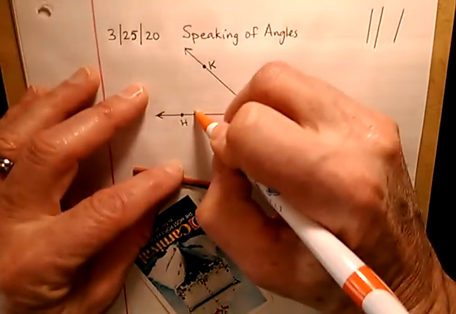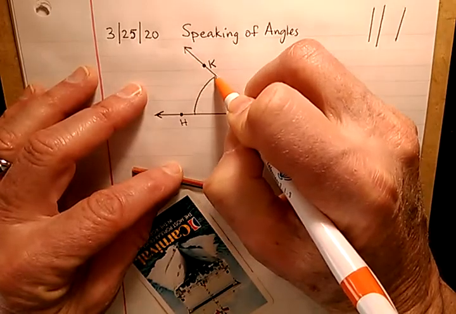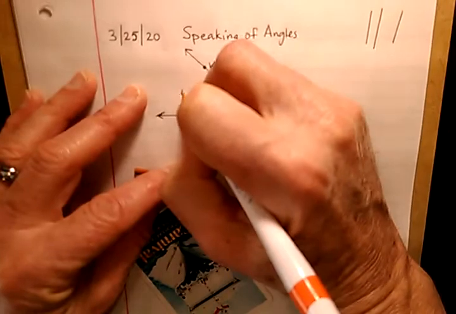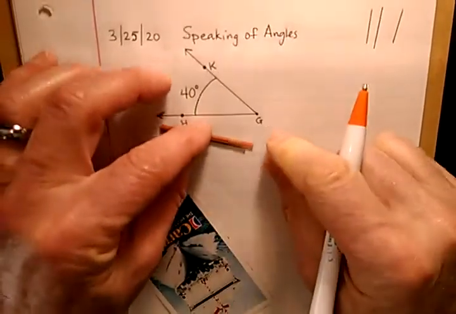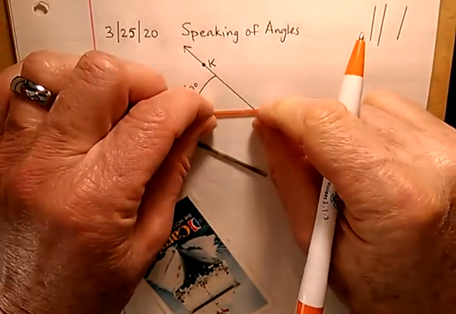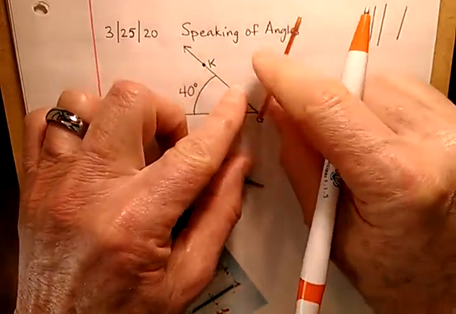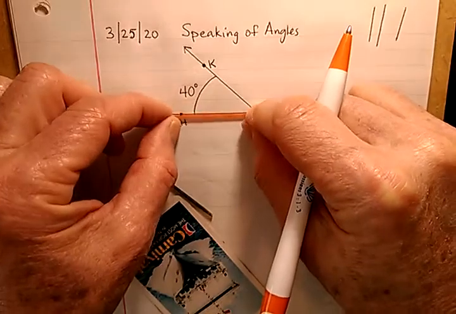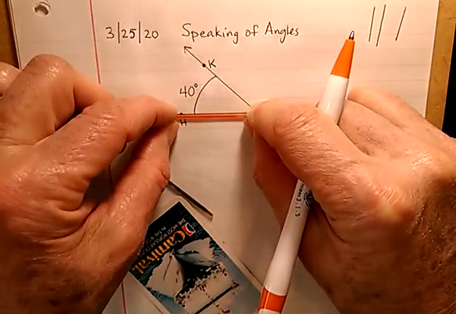So we can draw an arc to show that this is a part of a circle. And we're going to say that that rotation is 40 degrees. Remember that if the ray rotates all the way around in a full circle, it's 360 degrees. But this is just part of a circle, so we'll call that 40 degrees.